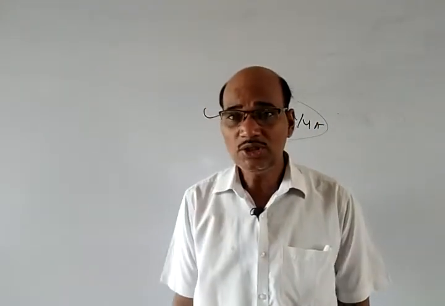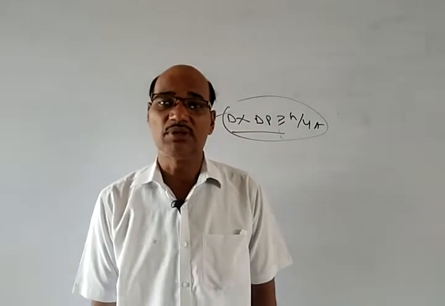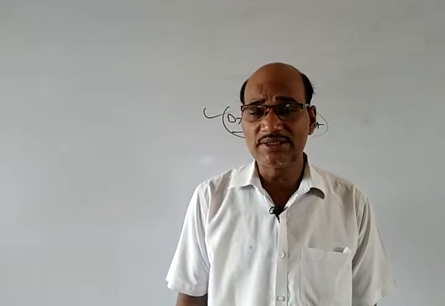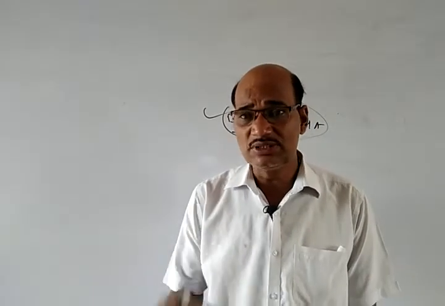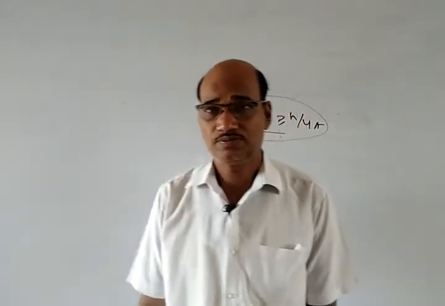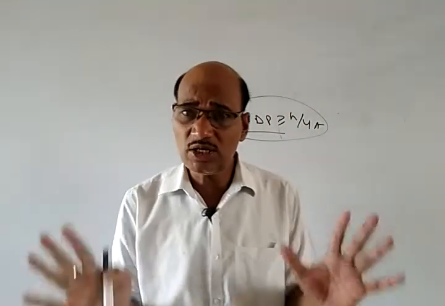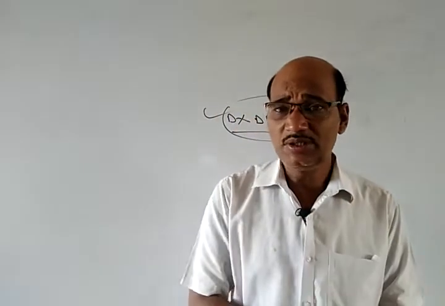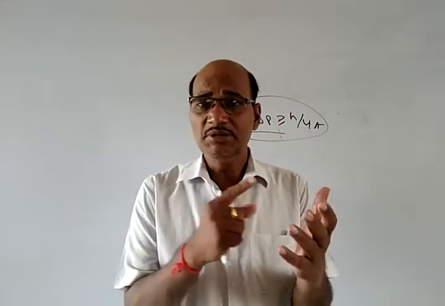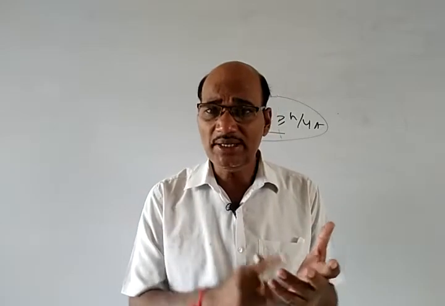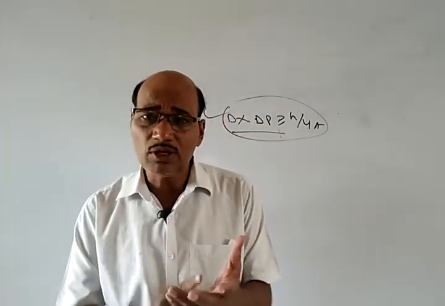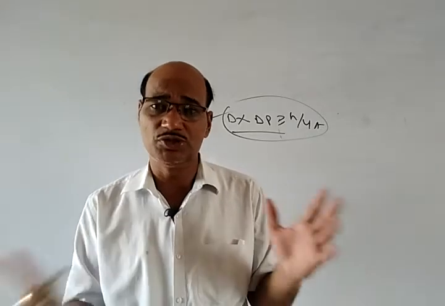Then after that we discuss what quantum numbers are. Quantum numbers are the set of integers which give the position and energy associated with an electron. We have four quantum numbers: the principal, azimuthal, magnetic, and spin. The principal, azimuthal, and magnetic are derived from Schrödinger's wave equation, whereas the spin quantum number is not derived from Schrödinger's.